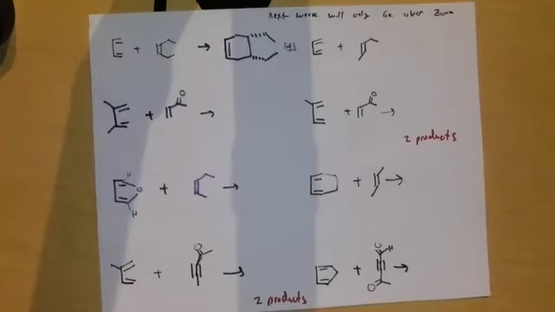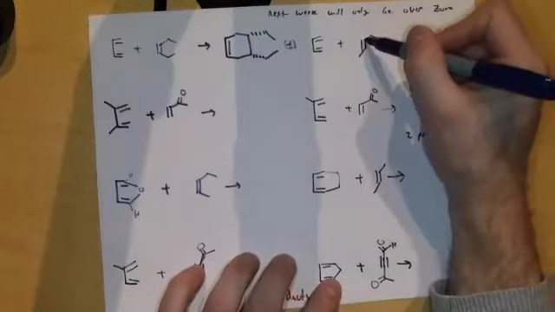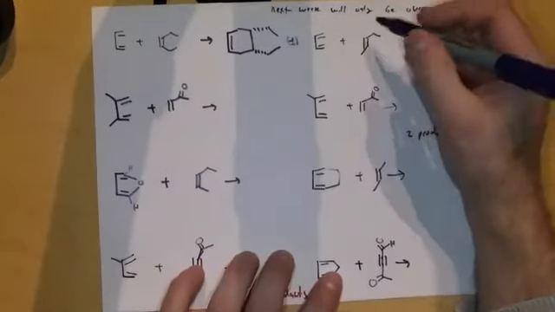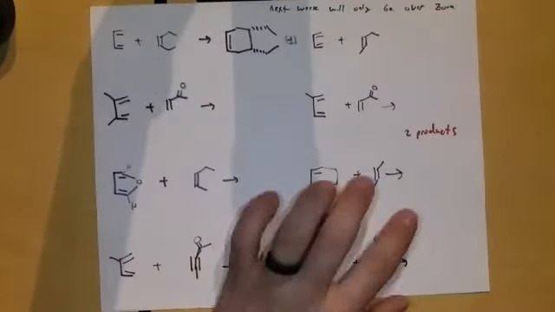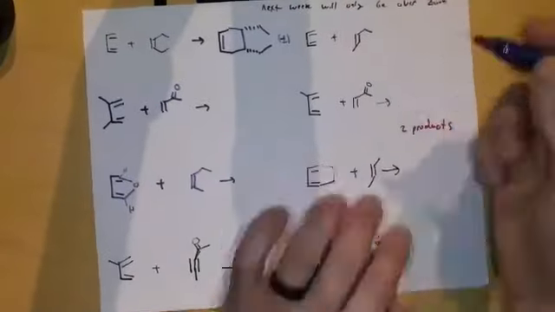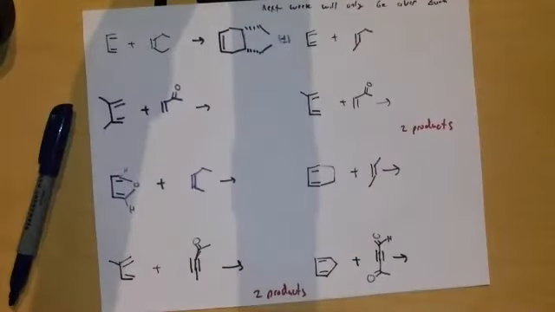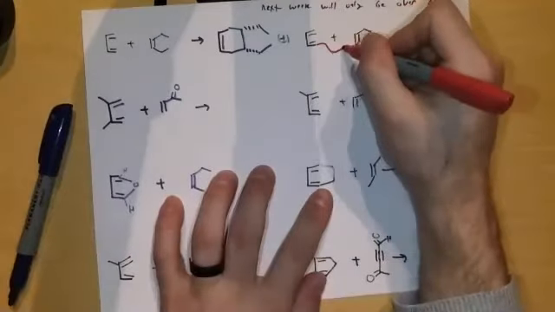Our next one, we have two different groups. So this one, these are trans to each other. One of them is an ethyl, one of them is a methyl here. I'll draw on the cyclization.